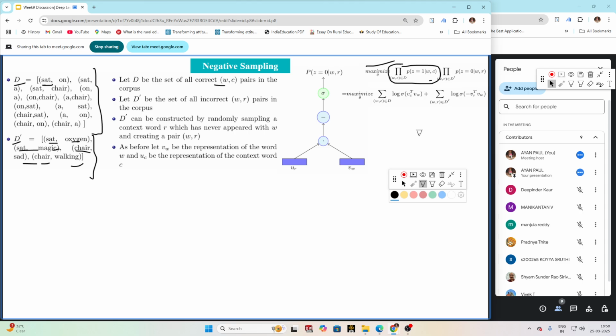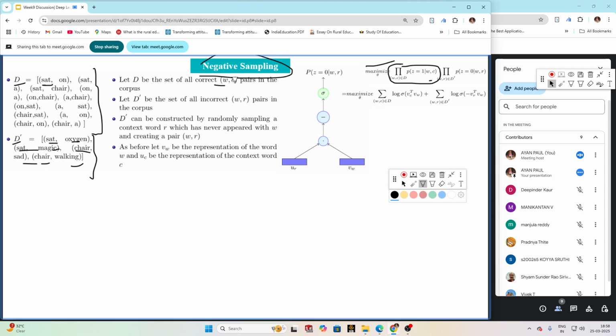By this we limit our loss function. Earlier our loss function was very large, but now we have introduced this new loss function, so our computation time will be much smaller than what we have seen. This trick is known as negative sampling.